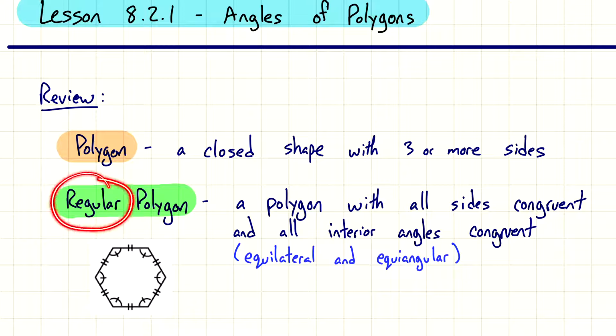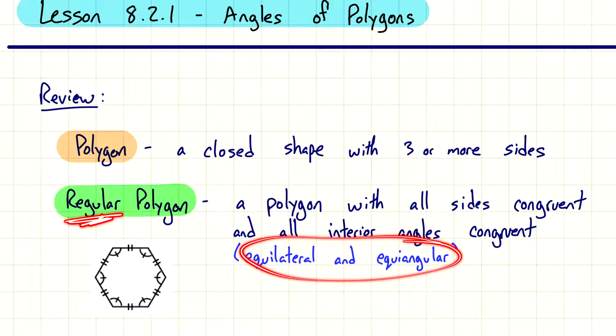Regular is pretty much one word that describes both of those. Equilateral means equal sides, lateral meaning sides, and equiangular means equal angles. When you bring both together, you end up with a regular shape. And in this case, we're talking about polygons.